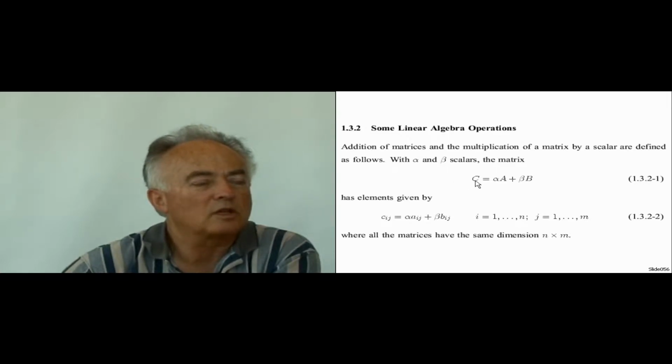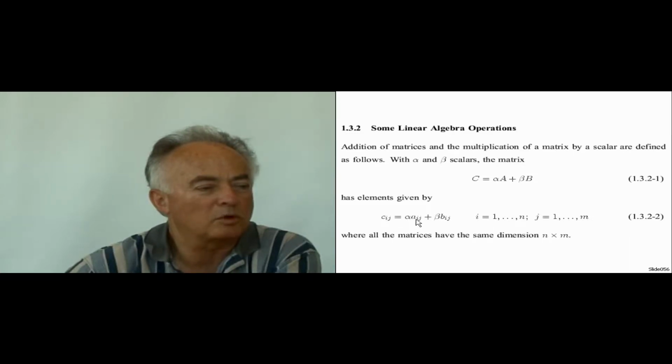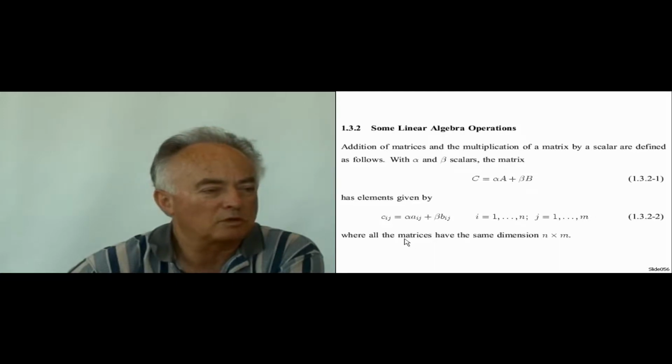The matrix C is the scalar alpha times the matrix A plus the scalar beta times the matrix B. In this case, elements of C, the Cij, are alpha Aij plus beta Bij. And all these matrices, A, B, and C, obviously will have the same dimension, n by m.